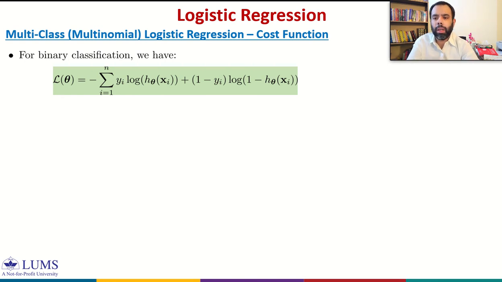Okay, I give you a hint. What are we doing here? We are computing the sum of the log of probabilities, right? So log of h theta of xi. This h theta of xi is the probability of when yi is equal to 1.